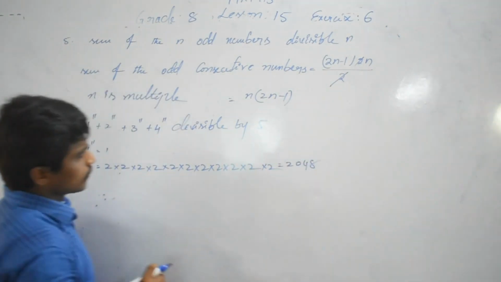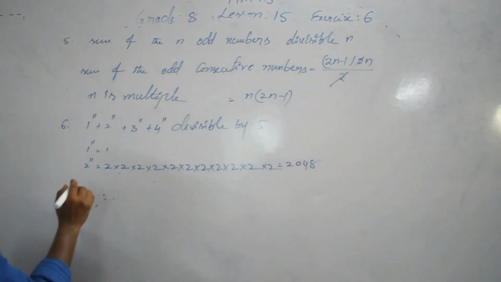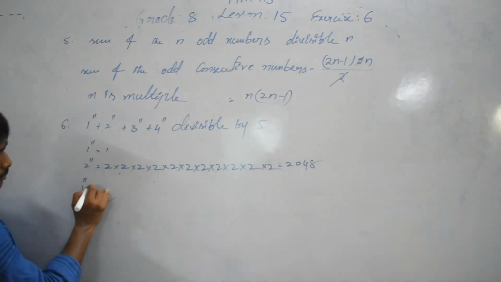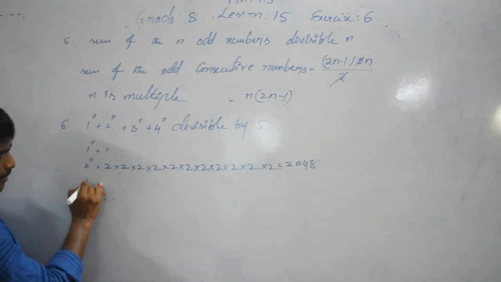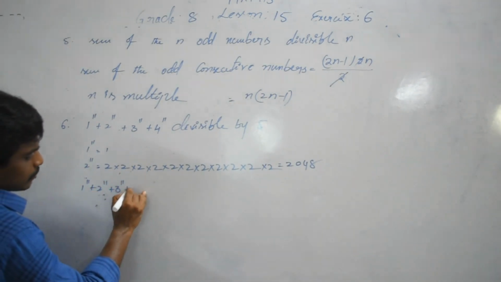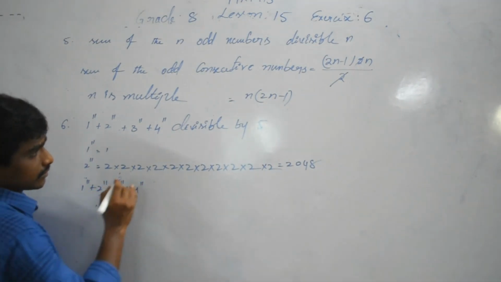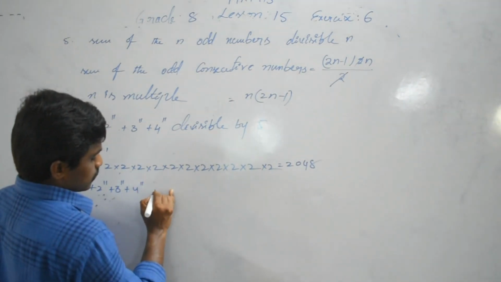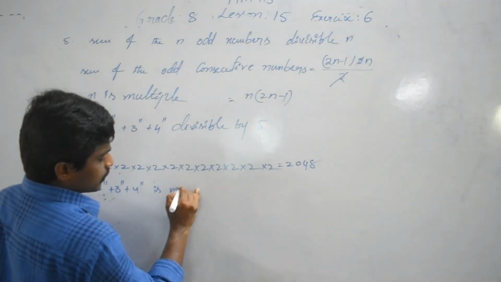So 1 power 11, 2 power 11, 3 power 11, 4 power 11 are these values.